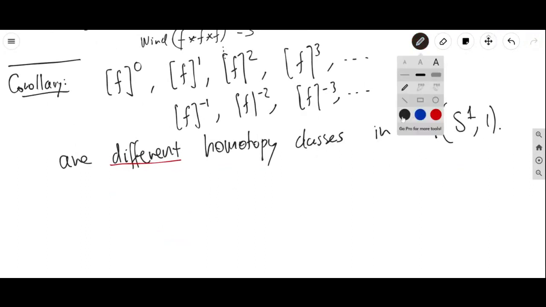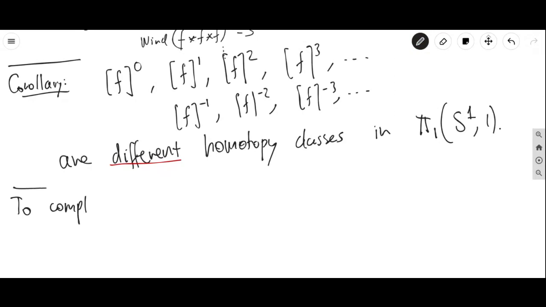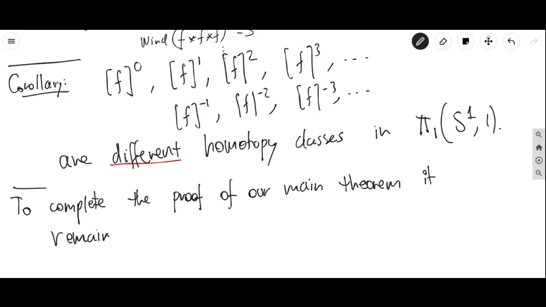So to complete the proof of our main theorem, it remains to show that this is the complete list.